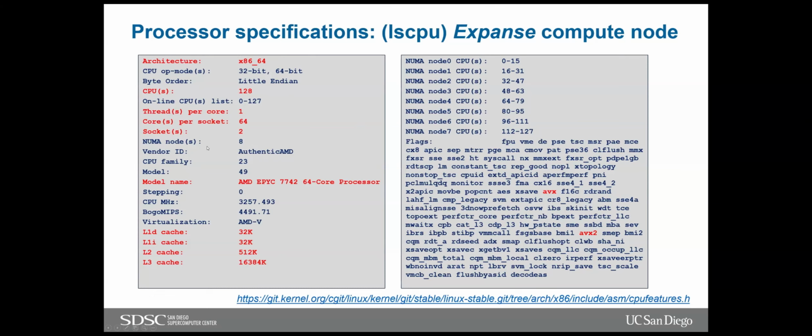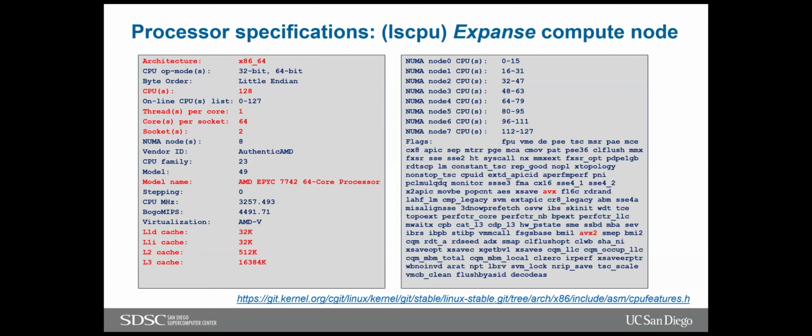The Expanse system has 8 NUMA nodes. So the NUMA node represents the memory architecture. And on Expanse, each physical CPU package contains a memory controller, and that handles part of the RAM. So as a result, not all physical memory is equally accessible to all CPUs at one time.